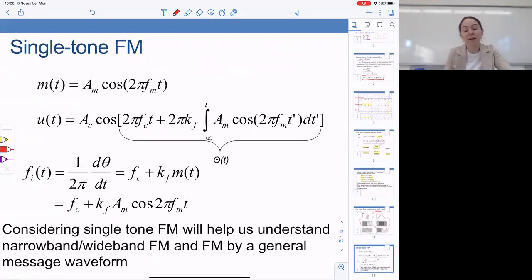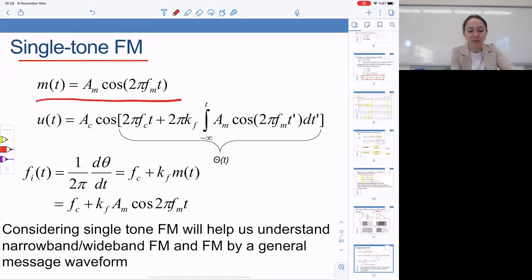Okay, we will start with the easiest case. And in fact, this easiest case is going to be pretty much the only case that we'll analyze exactly. Single tone FM, when the modulating signal is a tone. Specifically, the message signal is m(t) = A_m cos(2π f_m t).